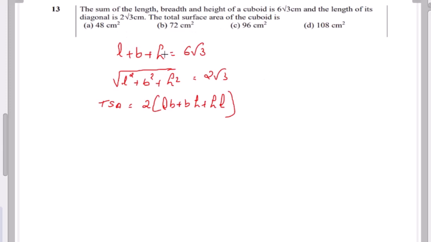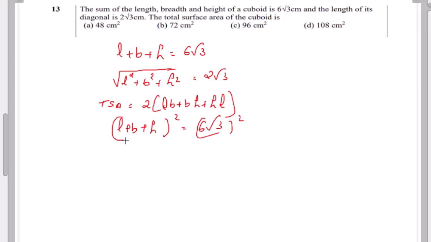L plus B plus H is equal to 6 root 3, so I am going to square both sides. L plus B plus H whole square is equal to 6 root 3 whole square.